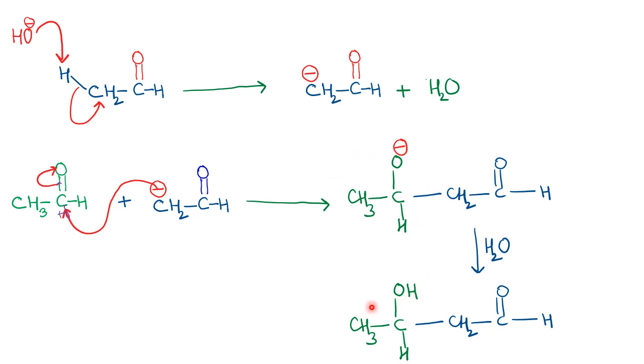Now on heating, this molecule loses water, so dehydration takes place. The mechanism followed here is conjugate base elimination. That is, first a carbanion is generated on this CH2, the alpha carbon, and then C minus pushes out OH minus.